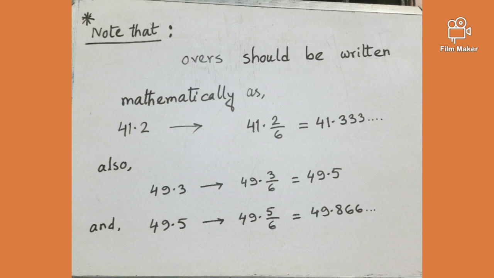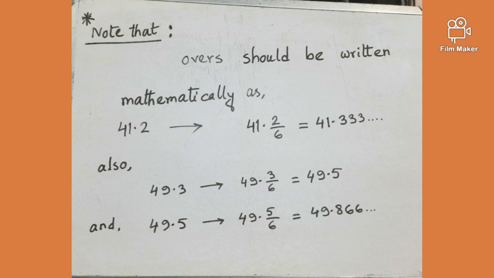Also, if one team takes 49.3 overs, that means 49 overs and 3 balls to complete the match, then mathematically it should be written as 49.5. Similarly, 49 overs and 5 balls should be put as 49.866, etc.